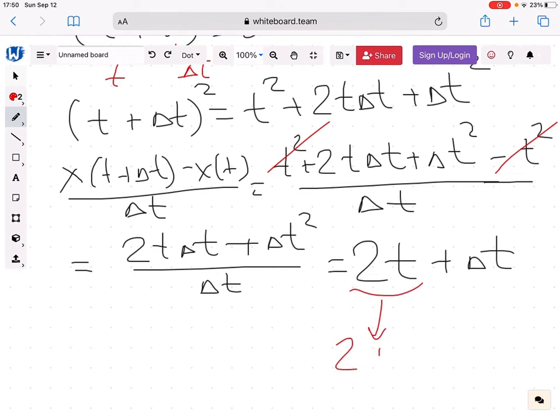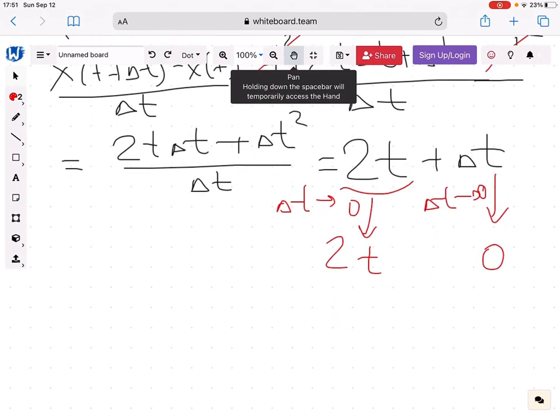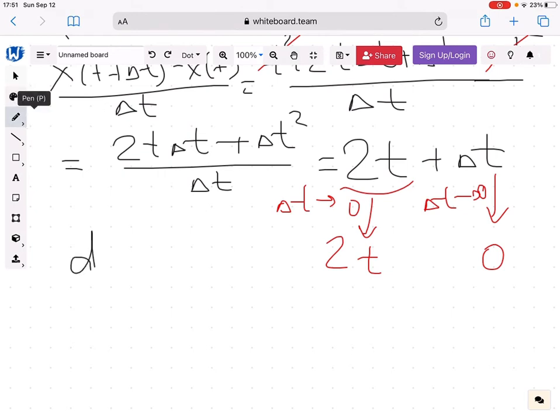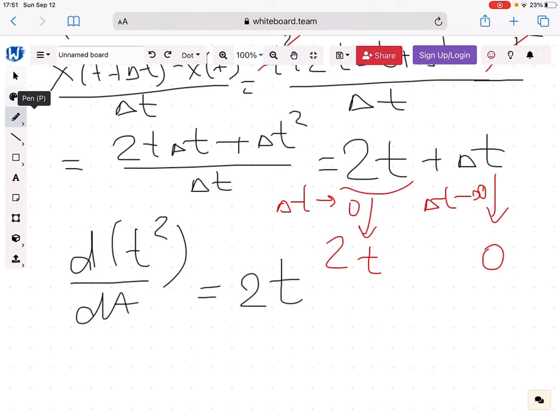The second term is delta t, and delta t should go to 0. As a result, this thing is going to go to 2t. So what we can say now is that the derivative of t squared with respect to t is equal to 2t.